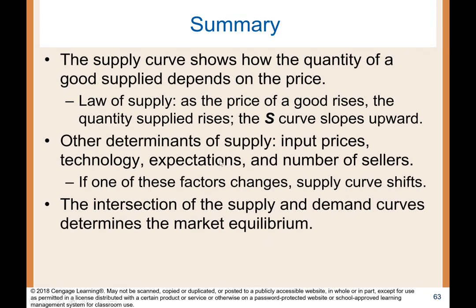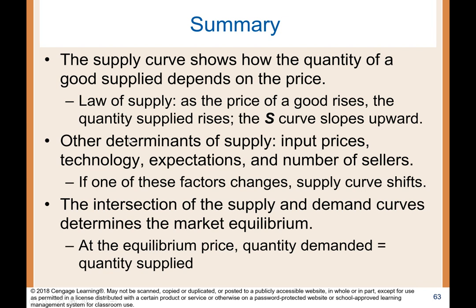The supply curve shows how the quantity of a good supplied depends on the price. The law of supply: as the price of a good rises, the quantity supplied rises. The supply curve slopes upwards. Other determinants of supply include input prices, technology, expectations, and number of sellers.